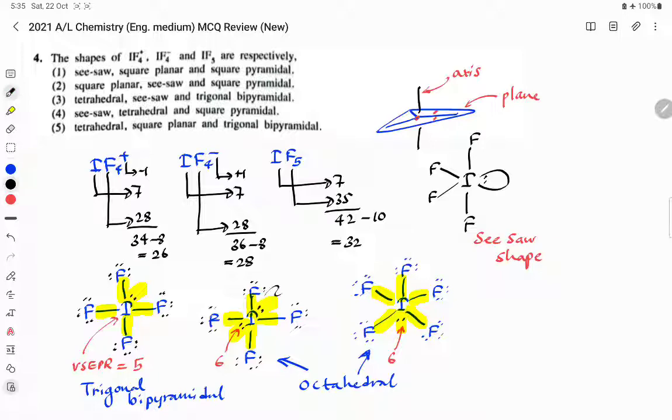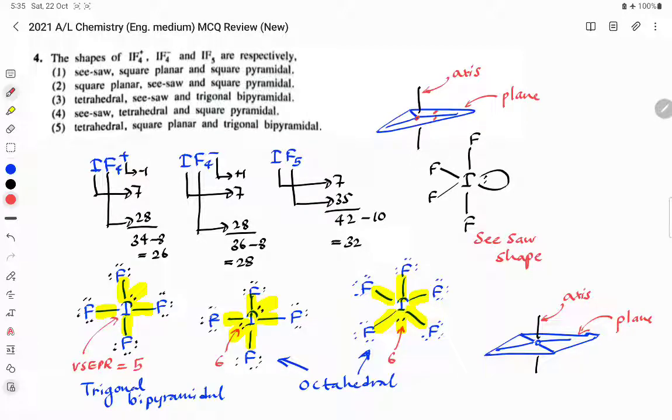Now the IF4 minus, its geometry is octahedral. Let's consider the octahedral situation. It will look like this. This is the plane here. It has 4 repelling units, and there's the axis. The axis has 2 repelling units. Now in this situation, the lone pairs are put on the axis.